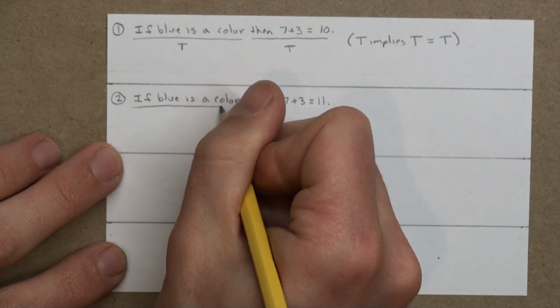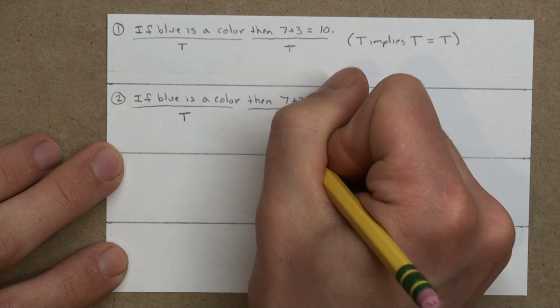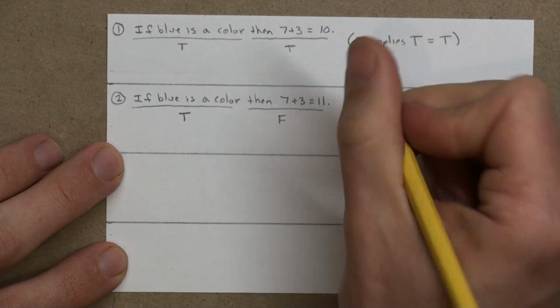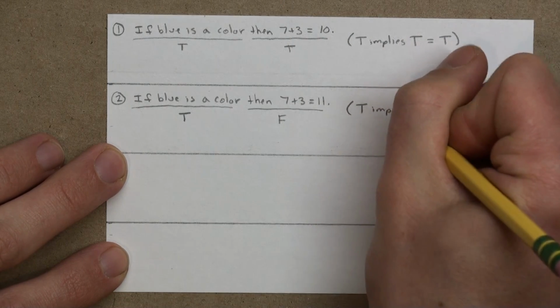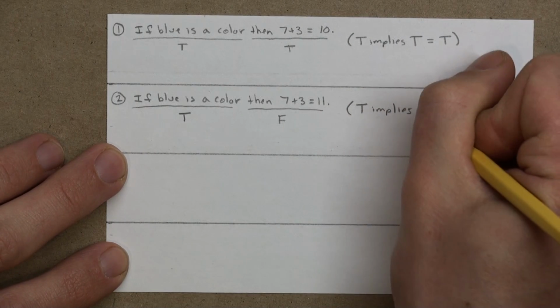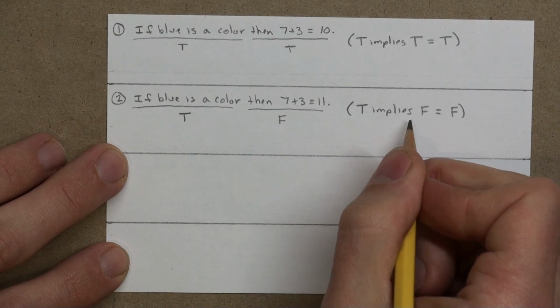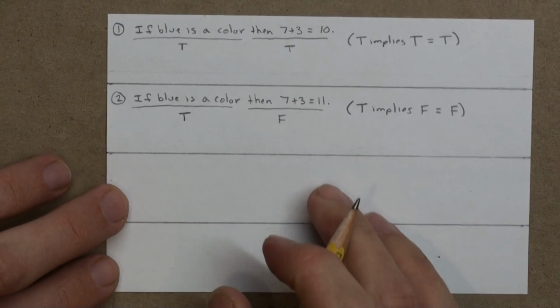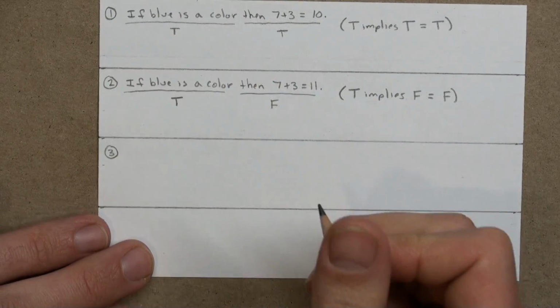Now the first part is true, but the second part is false. And this is the only time, so when T implies F, it's false. So when the first one is true and the second one is false, the conditional is false.